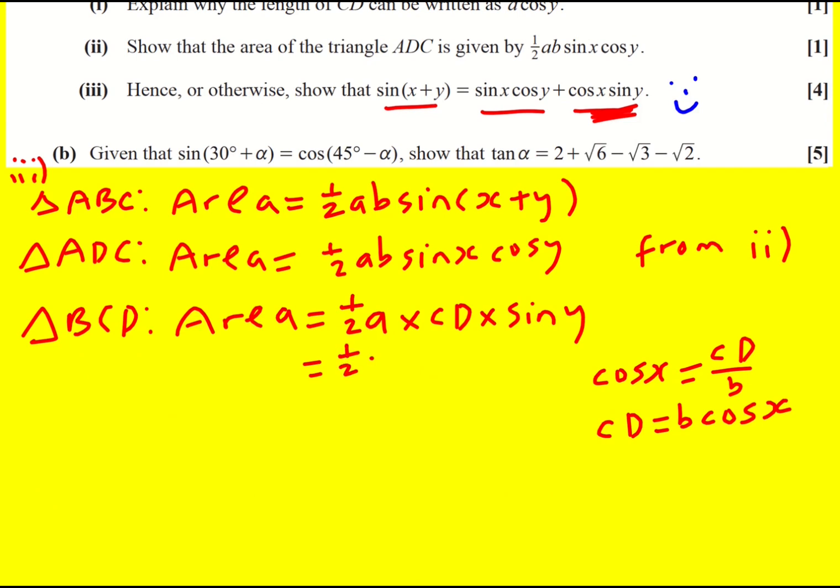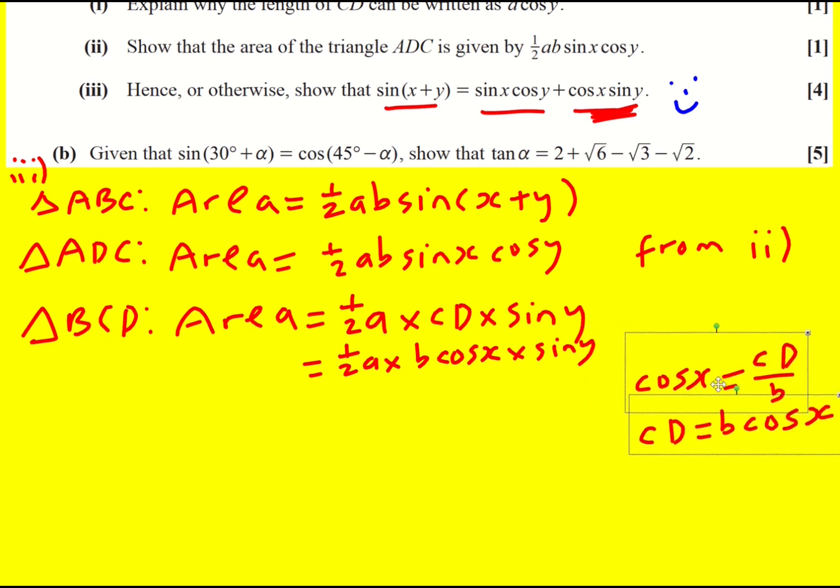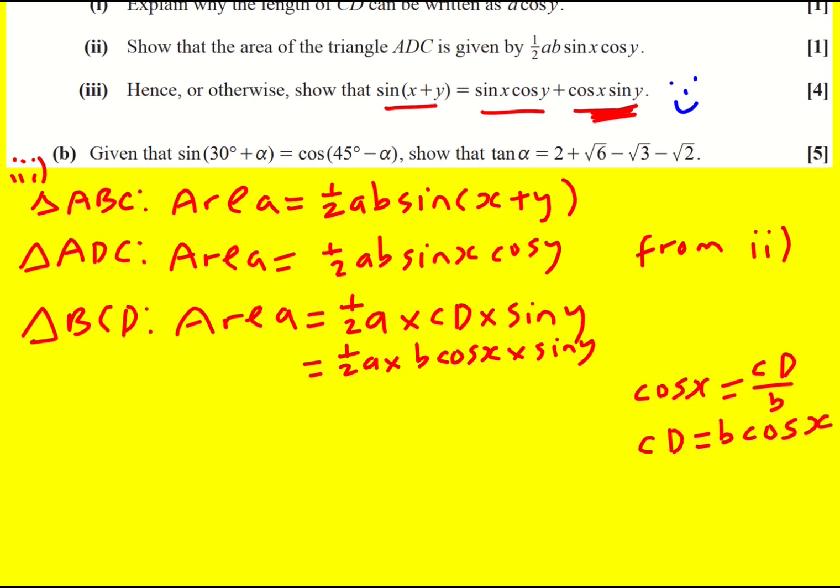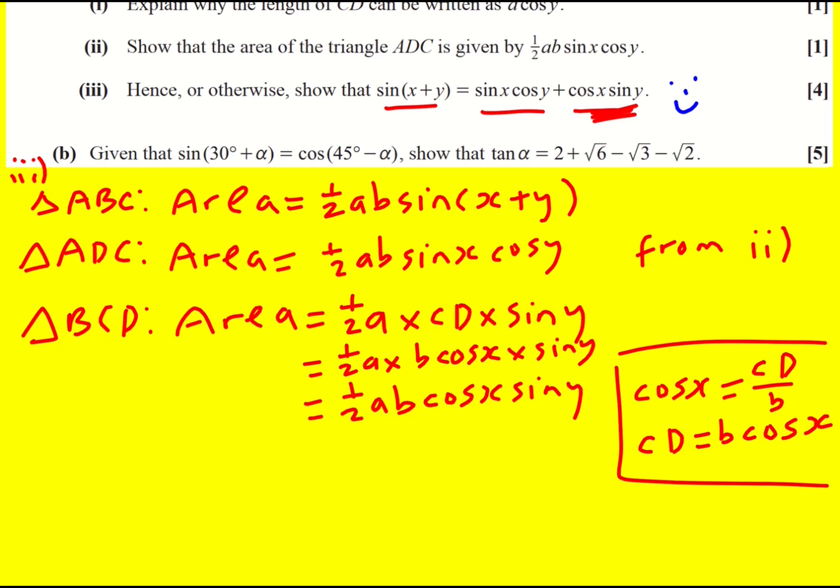So it's going to be a half A times B cos X times sine Y. So that's going to be a half AB cos x sine y.